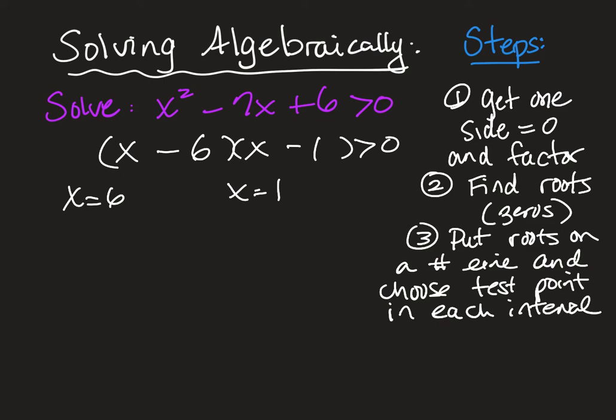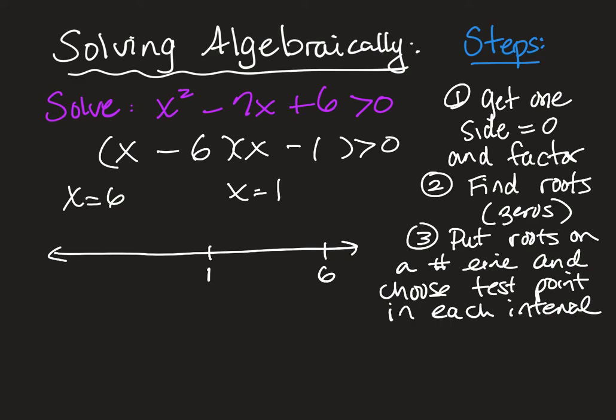Okay, so it's going to look like this. I'm going to draw a number line, and I'm going to put each one of these on here. So sometimes you can label 0 in there if you want as well, but let's see. I'm going to put, this is going to be 1, this is going to be 6. And so I'm going to choose a test point, anything that's in between in each one of these intervals.